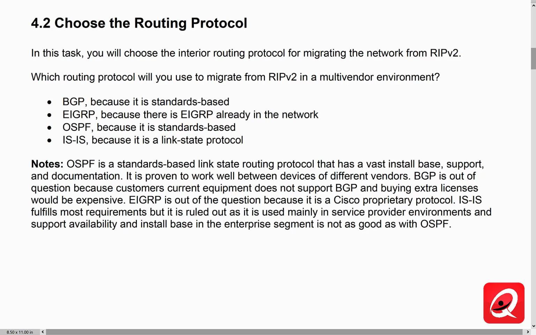We don't have routers that support service provider level routing. We want to use an open standard routing protocol, so EIGRP is out. They already specified that they don't want to use BGP because of licensing issues. BGP would not really be a good choice anyway, right? BGP is not designed to be an IGP routing protocol.